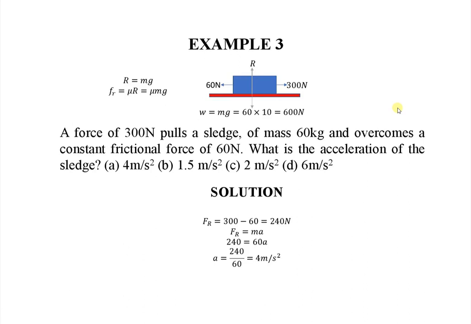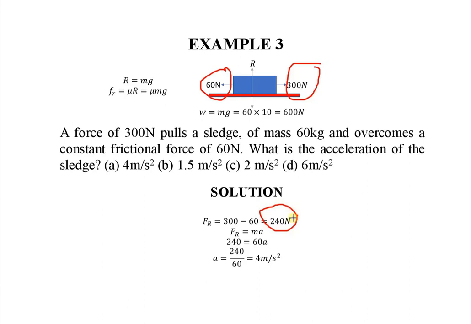Now, the force moving the body is 300. The frictional force opposing motion is 60 Newton. So we have that the resultant force, that is the force with which the object moves, will be the force moving the body, which is 300 Newton, minus the frictional force, which is a resistive force, giving us what? 240 Newton.